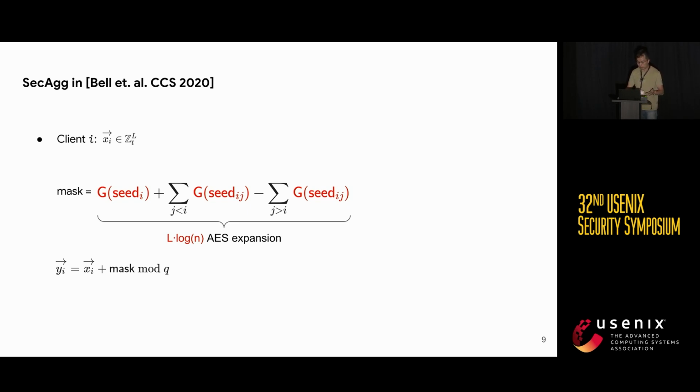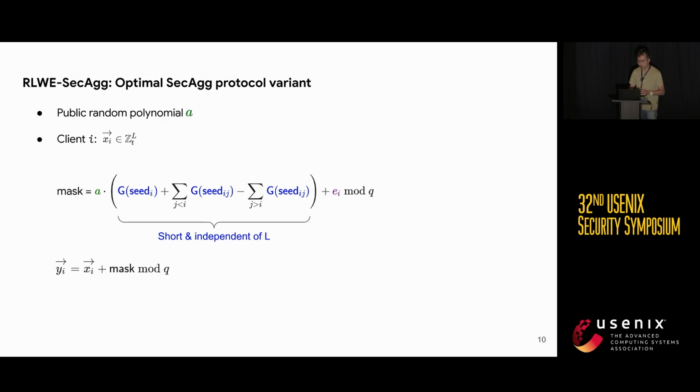And this brings us to our improvement, using learning with error. The idea is the following: the server will publish a random polynomial A. And now the client just needs to expand the seed into a short LWE secret.